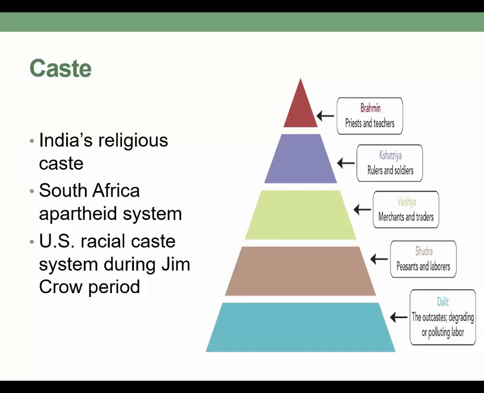There are three examples you can think of with the caste system. There's India's religious caste system, which you see a graphical depiction of there with the pyramid. People are born into a specific religious caste. It sets the tone for the work that they do in society, the amount of education they will receive, their level of prestige, who they interact with, who they marry.